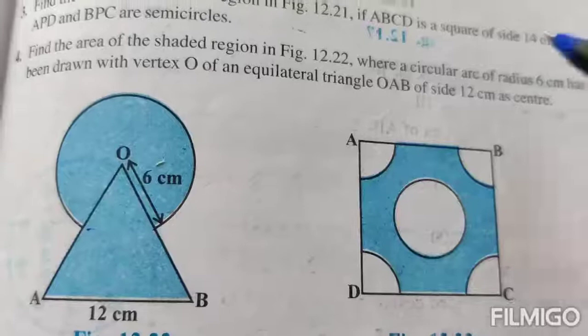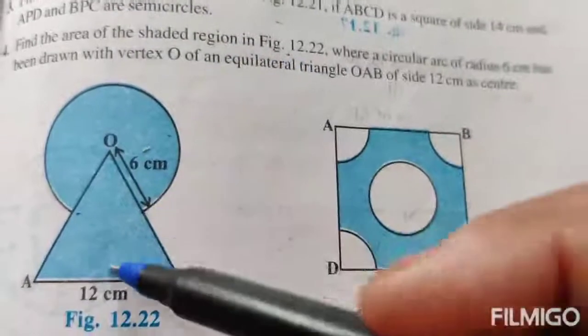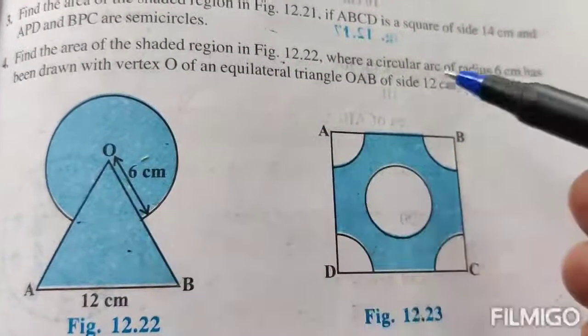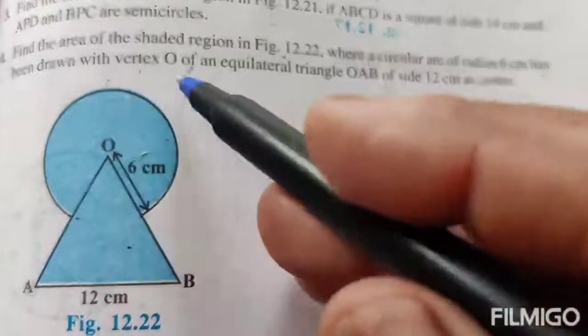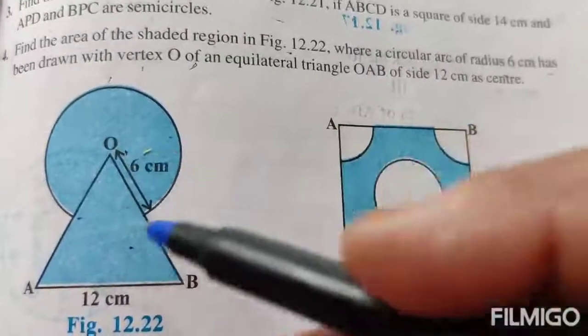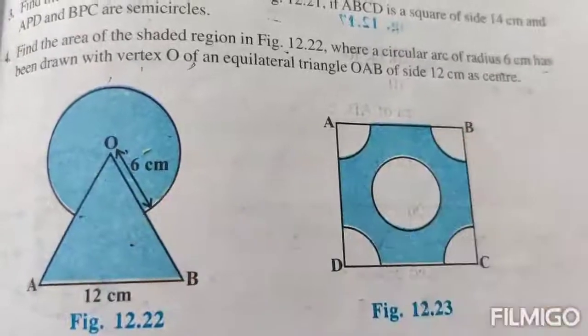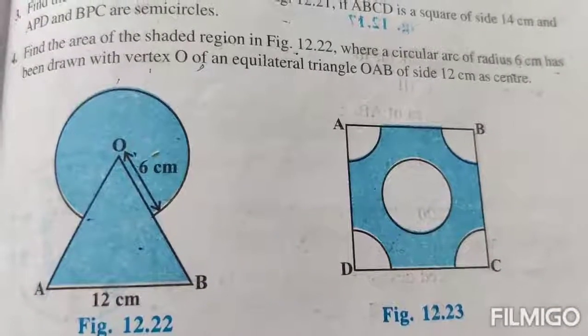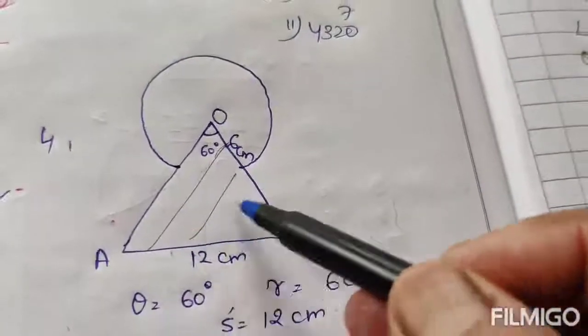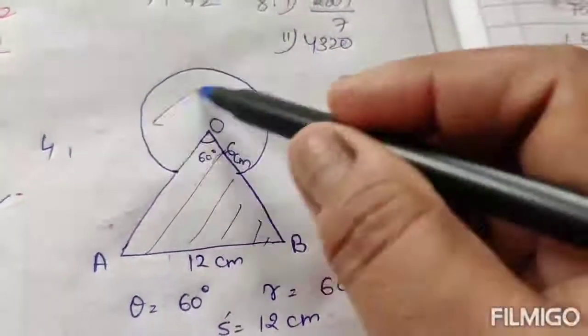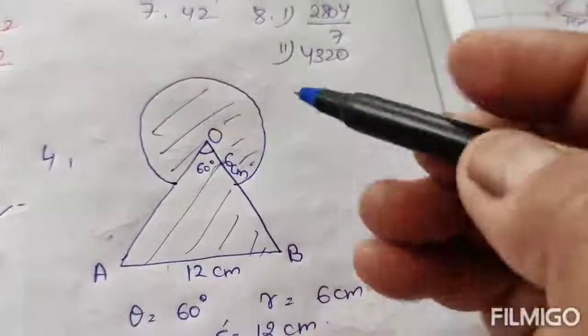Question number 4. Find the area of the shaded region in figure 12.22, where a circular arc of radius 6 centimeter has been drawn with vertex O of an equilateral triangle OAB of side 12 centimeter. The area of the shaded region is the area of the equilateral triangle and the area of this major sector.